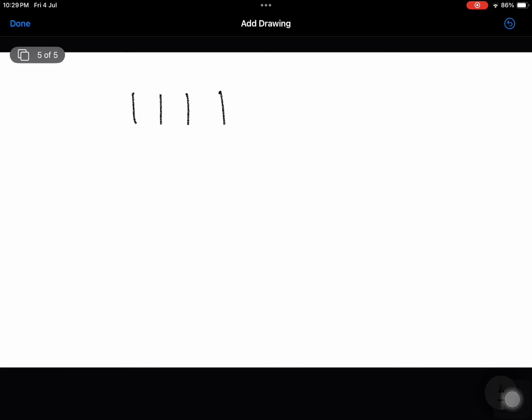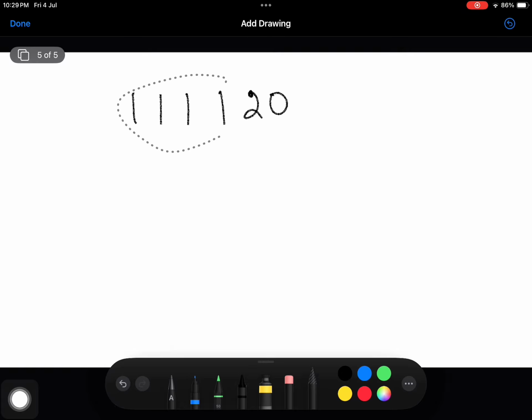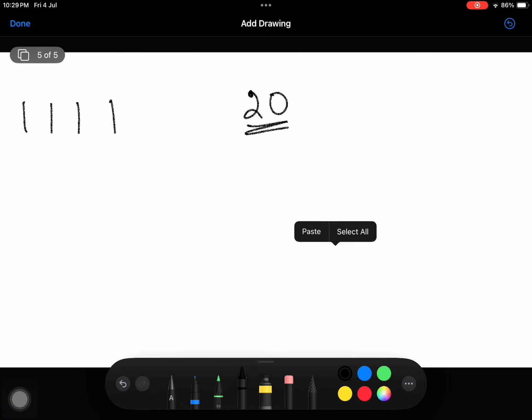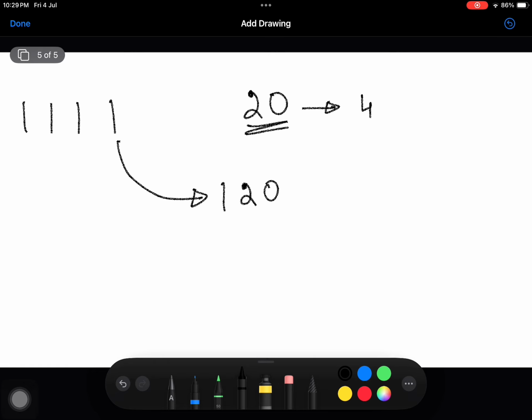Let's make it a little more interesting. Let me just go back and keep it as 20. What is the first part of this number? If I ignore this for now, I have 20 here. So 20 is divisible by 4. Now if I bring in this 1 here, then it becomes 120.